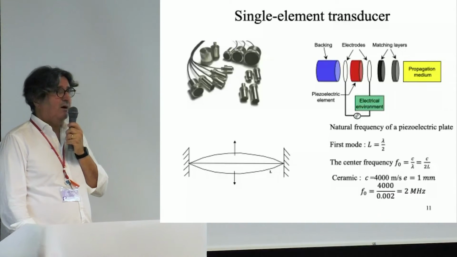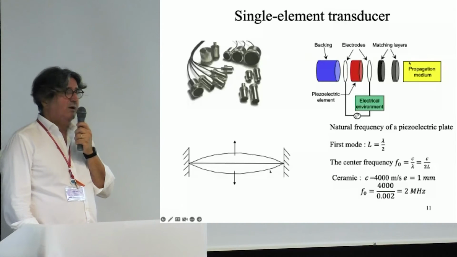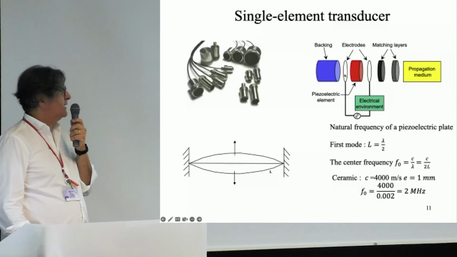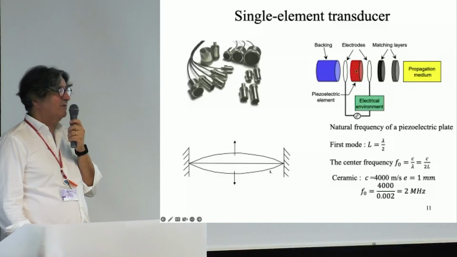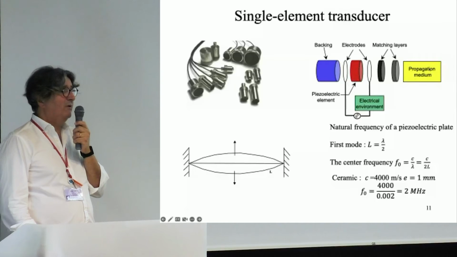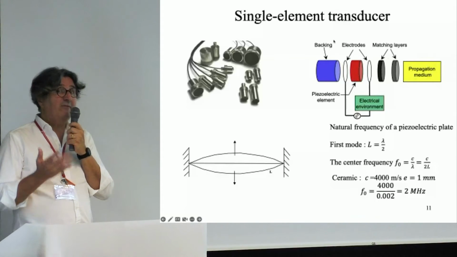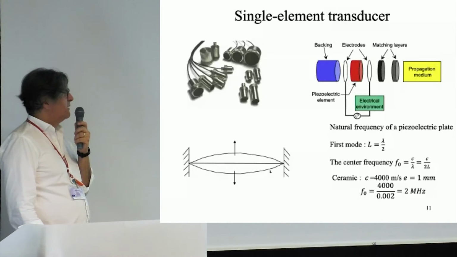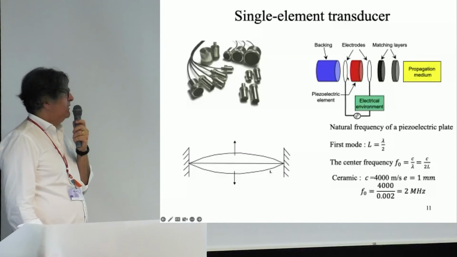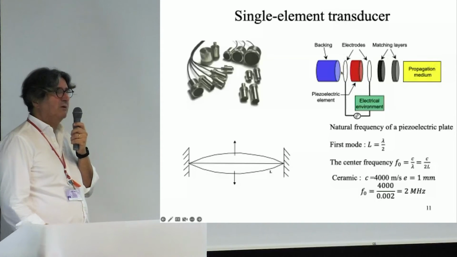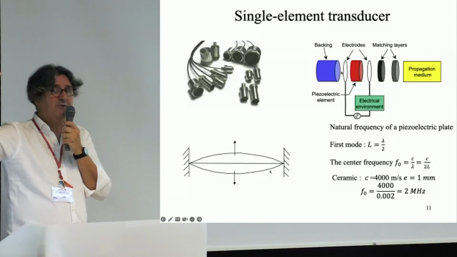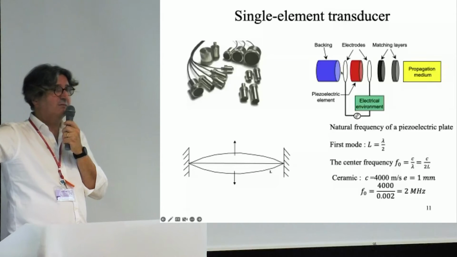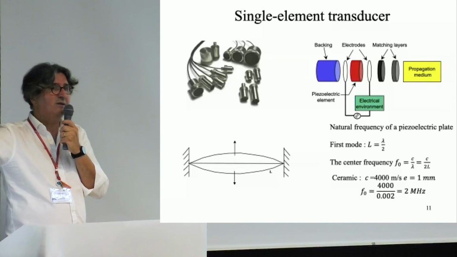On the rear face of the transducer, you have a backing material, because you have to remember that if you send an alternating pulse at the resonant frequency of your material, you will send a wave on the front face, but also a wave on the rear face. And if you don't put any material on the rear face, because of the reflection coefficient close to 1, nearly most of the energy will be transmitted into the front face, and we will discuss what the consequence of that will be.